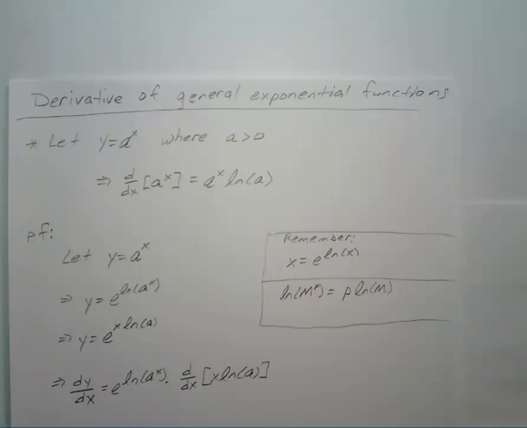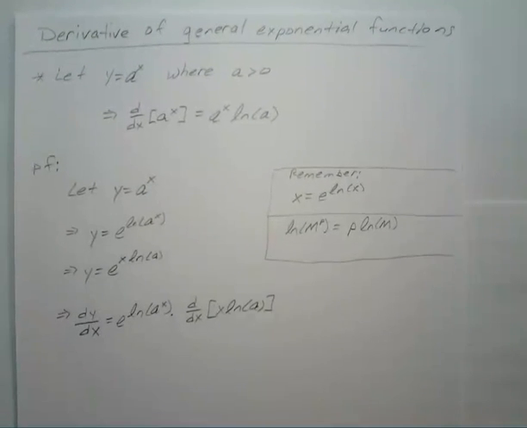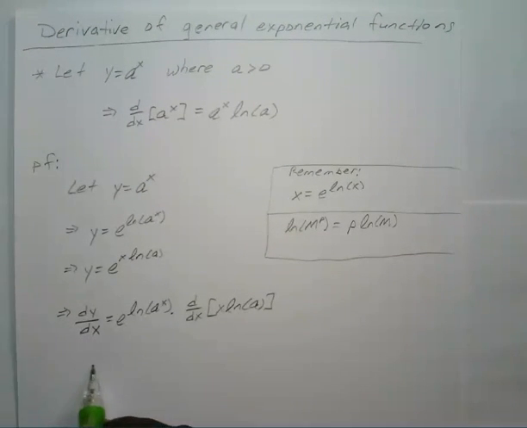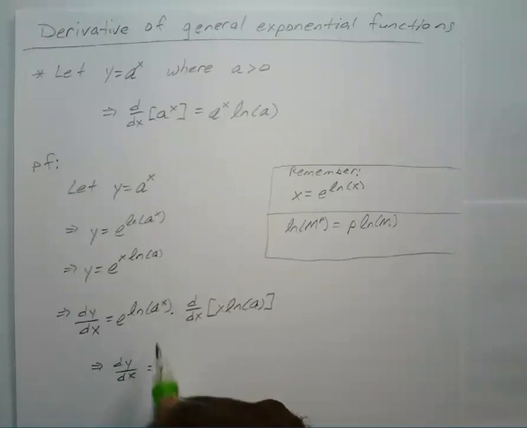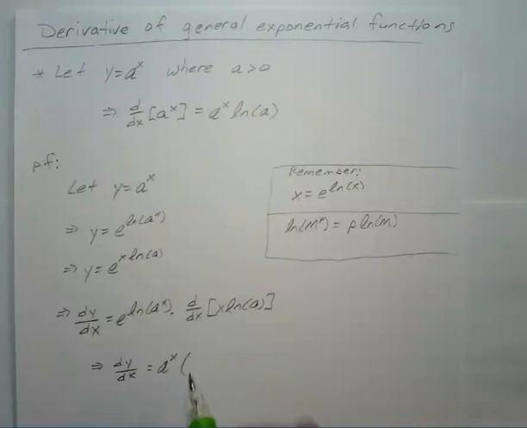Alright, so from there, we can see that our dy dx is equal to a to the power of x, because the e and the natural log cancel each other out, times the derivative of x natural log of a.